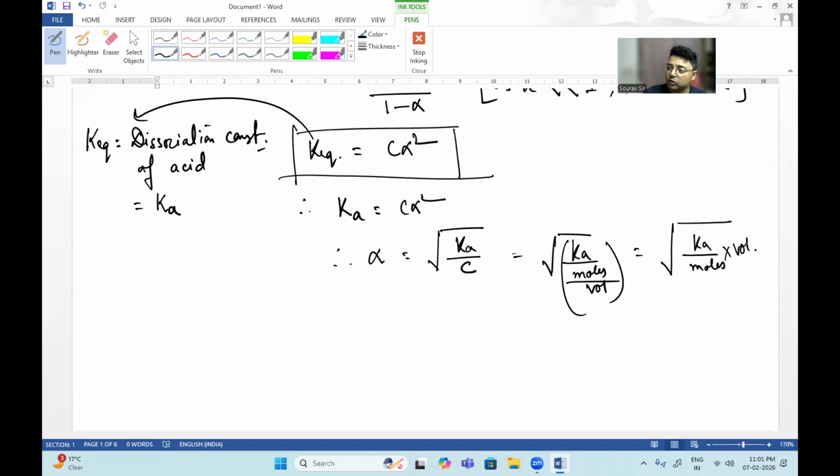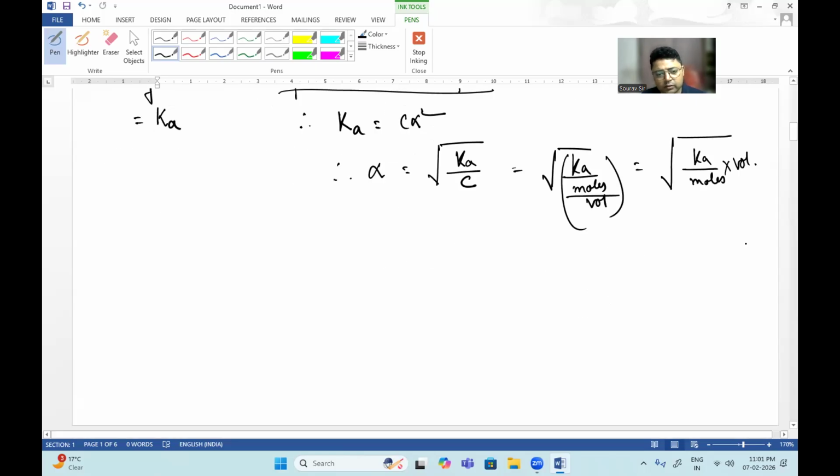If this is for a weak acid, then for a weak base we will have the same thing. Suppose we take an example of a weak base, ammonium hydroxide.